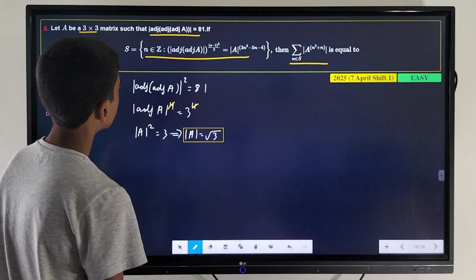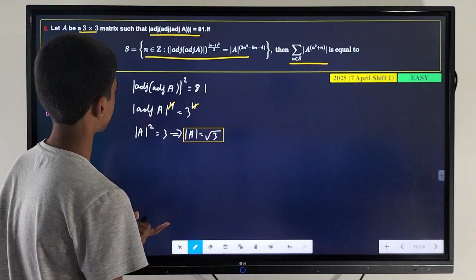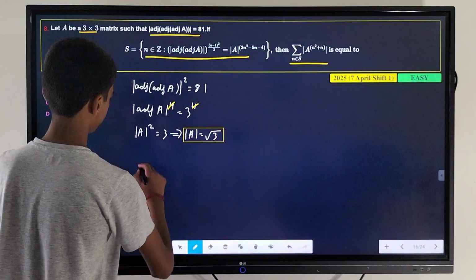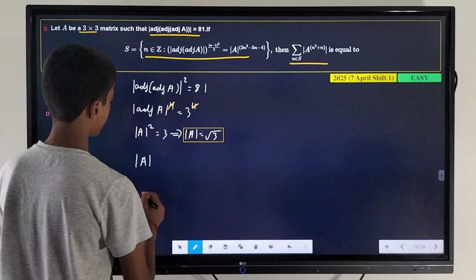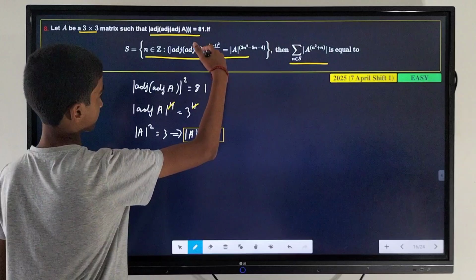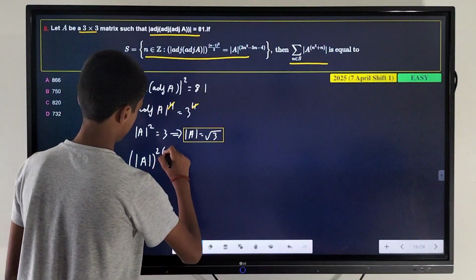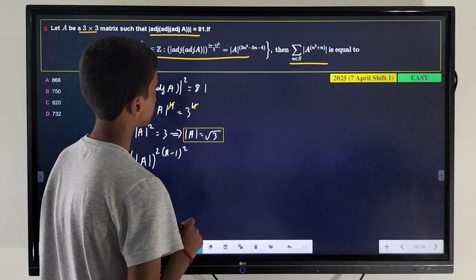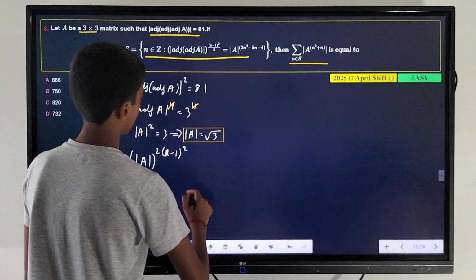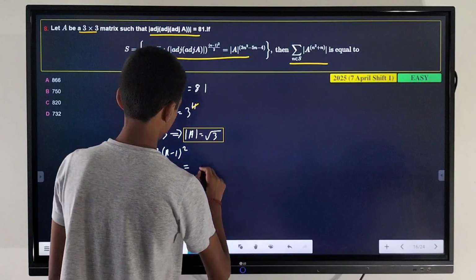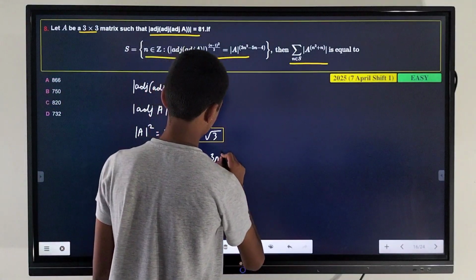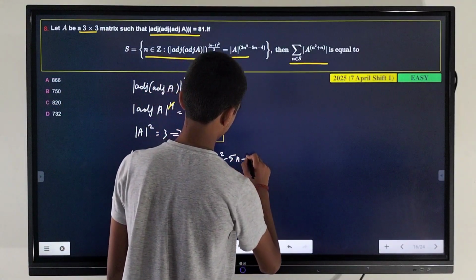Now let's find the number of elements in this. Left hand side will be determinant of A raised to power 4 into n minus 1 square upon 2. So this will be 2n minus 1 square. And this is equal to determinant of A raised to 3n square minus 5n minus 4.